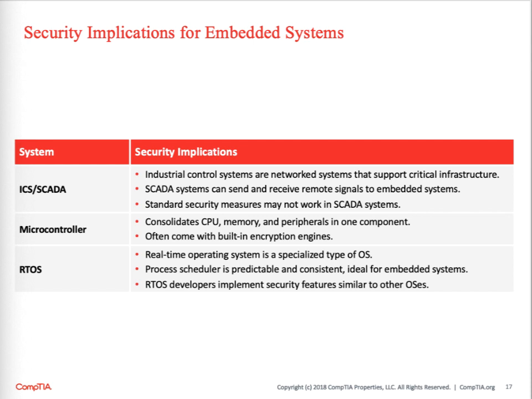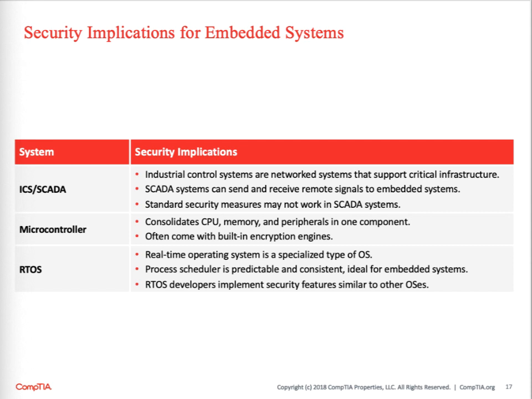Those are the systems that run our utilities. We also have SCADA, which is a prominent type of industrial control system. So this is a supervisory control and data acquisition system. The SCADA system is going to send and receive different types of control signals to embedded systems.